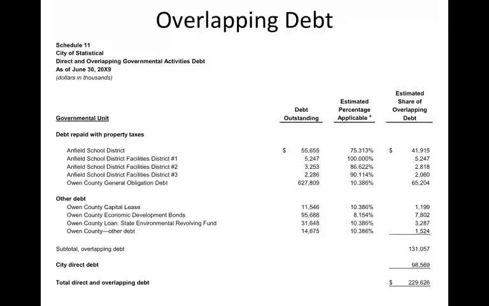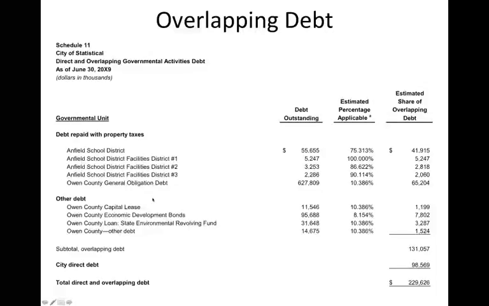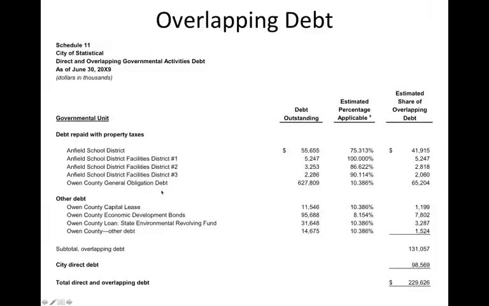And you can see from this schedule in the statistical section that all governments are required to present that there are a number of school district debt issuances that are here. The county that this city is located in has debt of its own. And there are also not just GO debt from the county, but also a number of other kinds of debt as well.